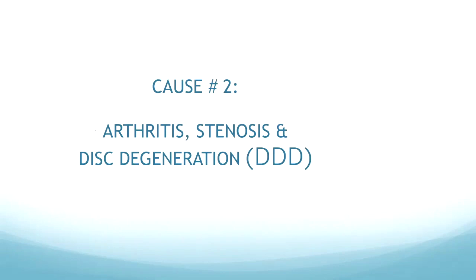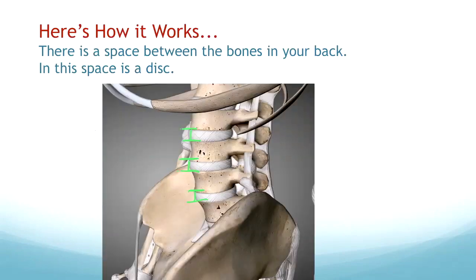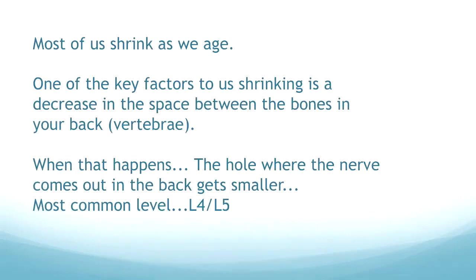So let's get you a picture here so you can kind of see how all that works. Here's how it works. You have your spine again, and then in between those spine you have a certain height that disc should be. As we start to age, we start to lose that water inside those discs. So those discs start to shrink down. That space gets smaller.